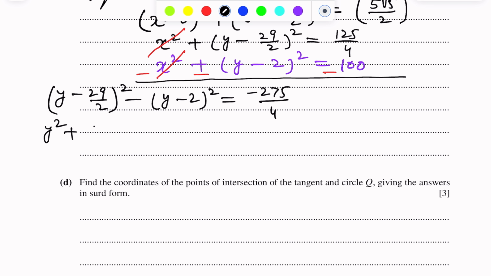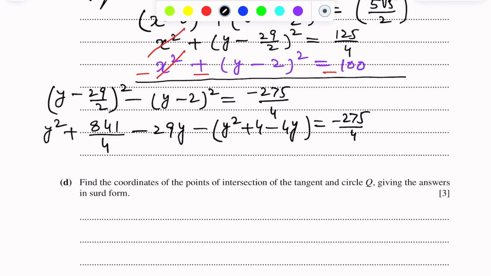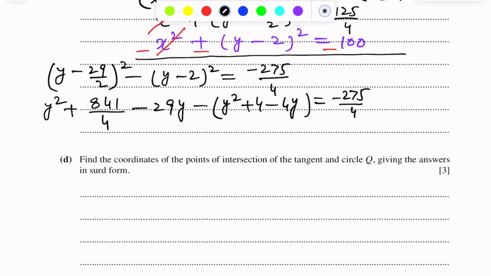We get y square plus 841 over 4 minus 29y, minus, expanding y minus 2 whole square, y square plus 4 minus 4y, is equal to minus 275 over 4. Now the negative sign will change the sign of the terms inside the bracket.